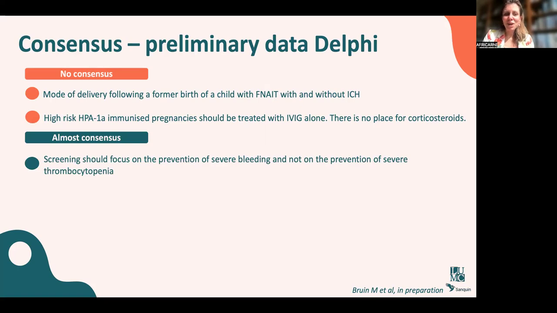But we also have some points where we found almost consensus, and we were in line with each other that if we proceed to screening for FNAIT, it should focus on the prevention of severe bleeding and not on the prevention of severe thrombocytopenia.